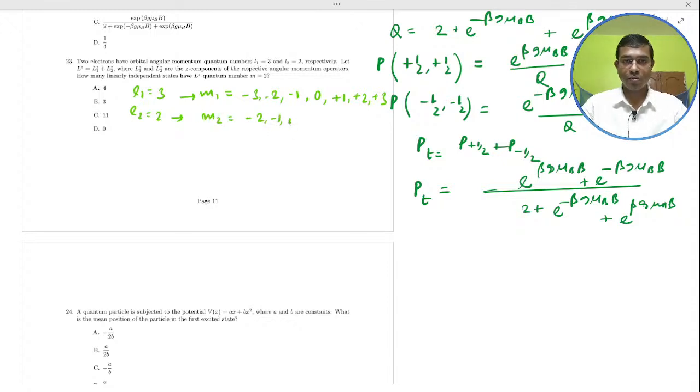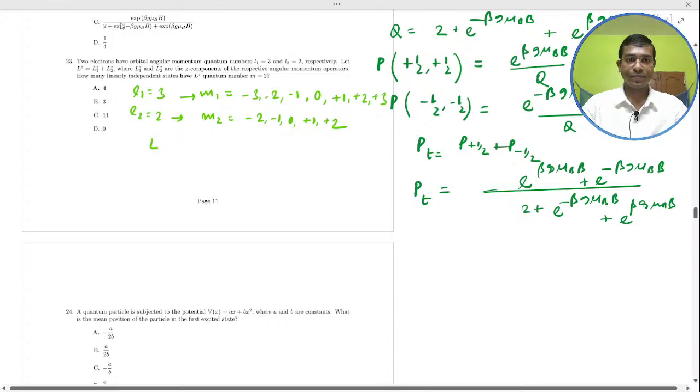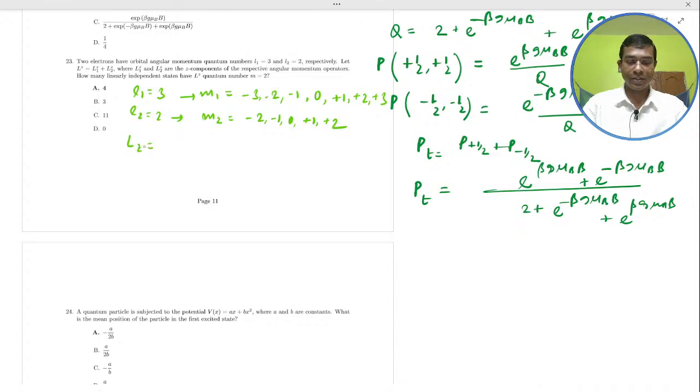Minus 2, minus 1, 0, plus 1, plus 2. Since Lz equals L1z plus L2z, therefore it means that m equals m1 plus m2.